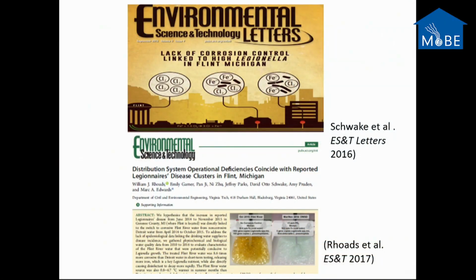And there's no better proof of the hypothesis of the importance of the municipal water quality than what unfortunately happened in Flint: switching to that corrosive water supply, as Mark talked about, led to a Legionnaires' disease outbreak that sickened 92 people, and 12 people died.